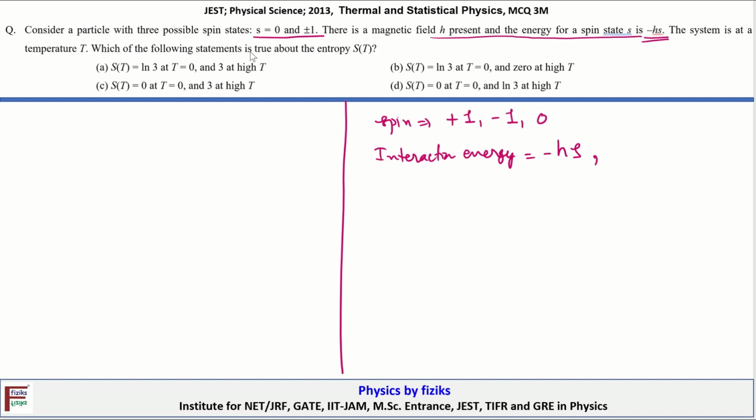Minus H into, so the first is minus H and then into S is plus 1, so in that case it's minus H. Okay, in the second case minus H into minus 1, so that will give us the interaction energy H, and in the third case it's minus H into 0. So okay, this way we obtain 3 different states, one with energy minus H, then 0 and H.